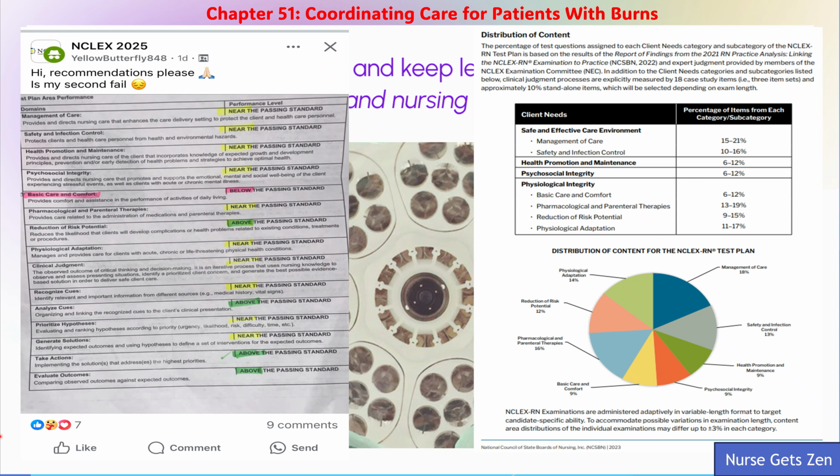So making a connection to clinical judgment, recognizing cues is like what clinical manifestations are observed in this patient. Analyzing cues: how do the clinical manifestations correlate with the underlying pathophysiology? So it's very important to know the pathophysiology of any disease.